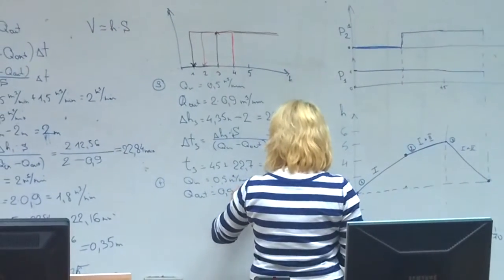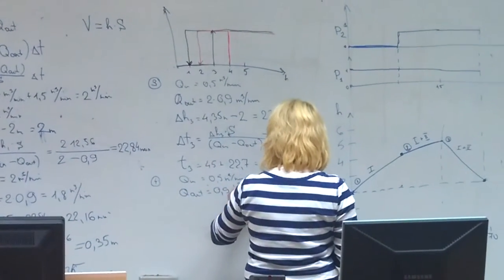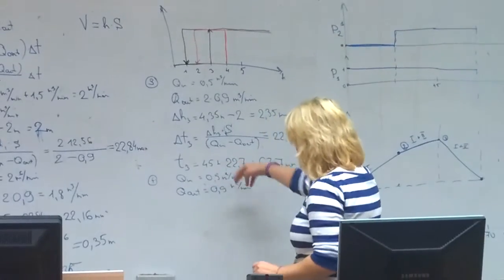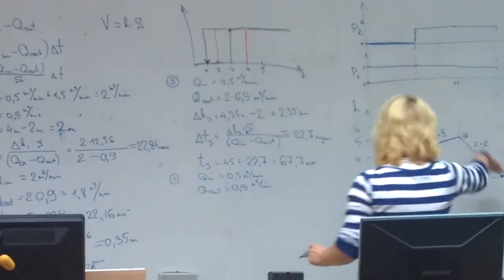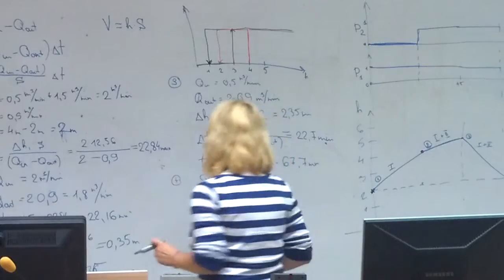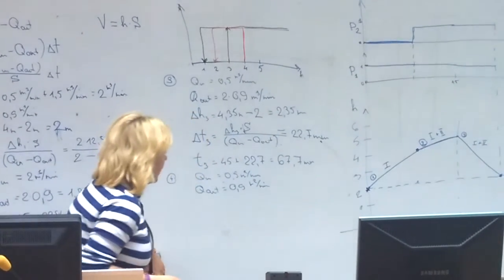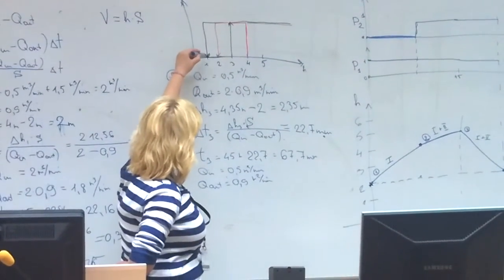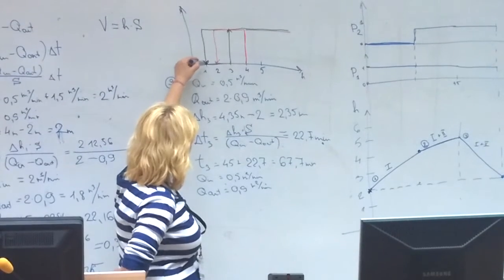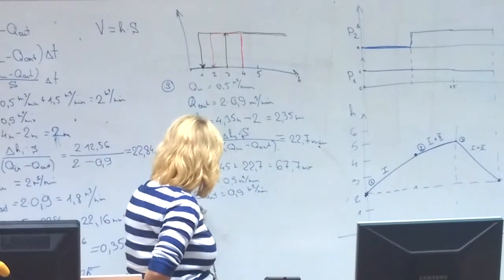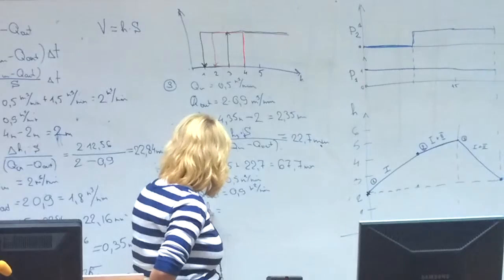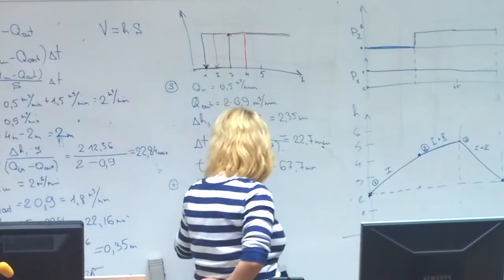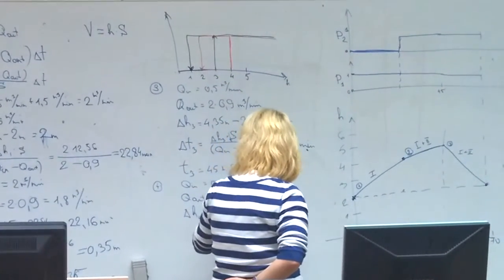So it's greater than inflow. So basically our level is decreasing, and we will turn off our pump at the height of 1. So delta height will be 2 minus 1, equal to 1.